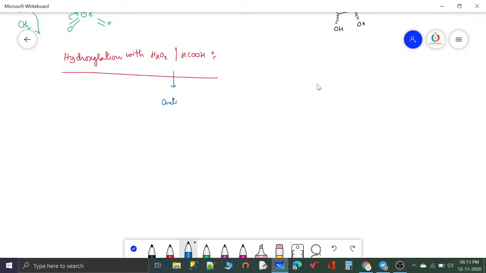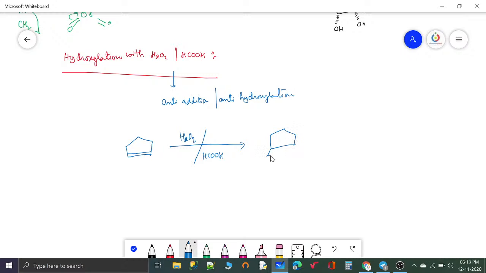So I am not writing the complete story, I just write anti-addition or anti-hydroxylation. It means one OH group from one side, the other OH group from the other side. Take one example, cyclopentene, with H2O2 and formic acid: it gives an OH group here and the other OH group from the opposite side of the molecule. So it is an anti-addition.